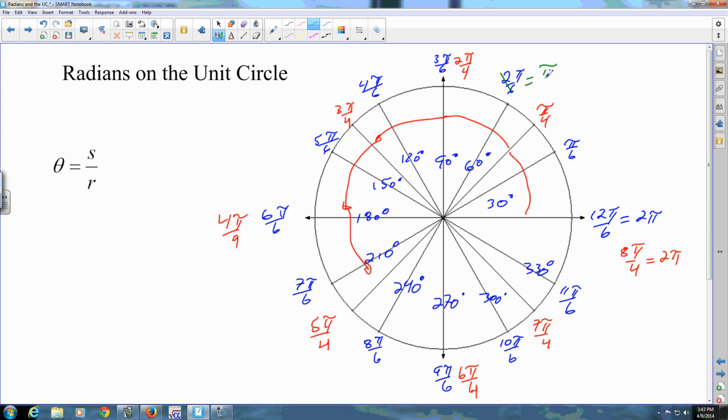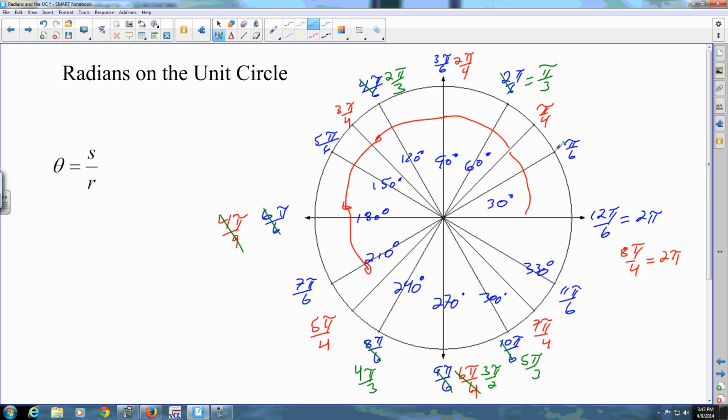So that's going to be pi over 3. This one's going to be 2 pi over 3. This is just going to be pi. This one is going to be 4 pi over 3. This is either one, 3 pi over 2. This one would be 5 pi over 3. Okay?